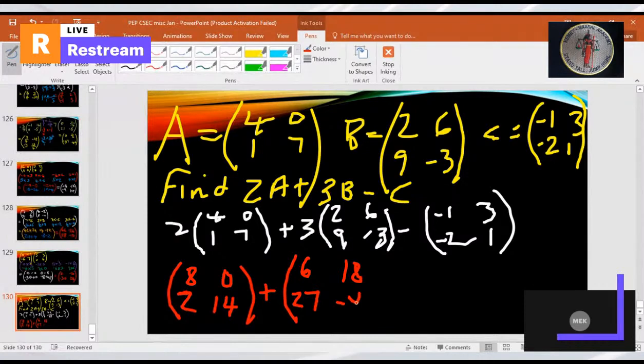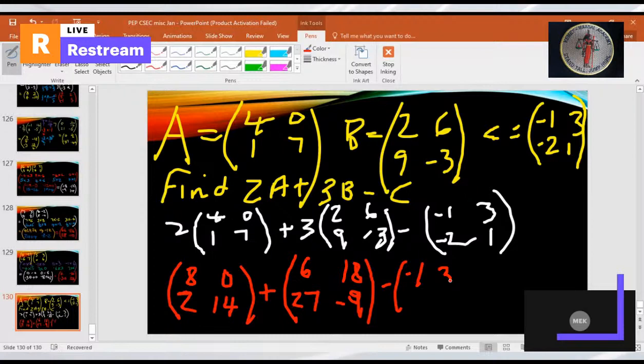And then we're going to take away negative 1, 3, negative 2, 1. And it's going to combine to a 2 by 2 matrix, because they're all 2 by 2 matrices.